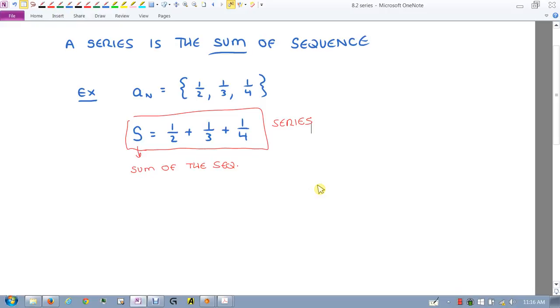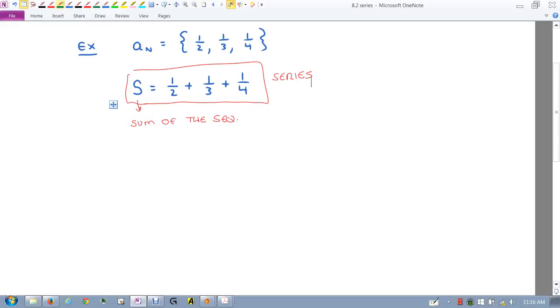But we're not interested in the series for a finite sequence, right? We're more interested in the series for an infinite sequence. So take a look at this example. What if we take a sub n to be equal to 1 over n squared?